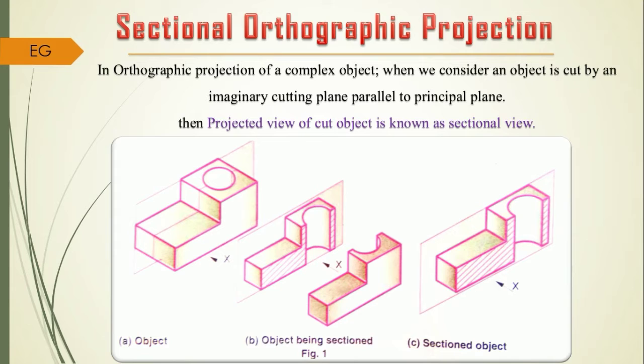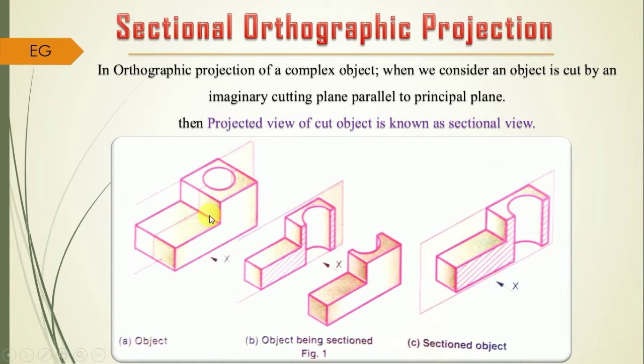So to avoid the difficulty in reading the projected view, we cut the object centrally by keeping the cutting plane parallel to a principal plane. After cutting, for the remainder we take the projection view of that cut object, and that view is called a sectional view. So it is very clear.